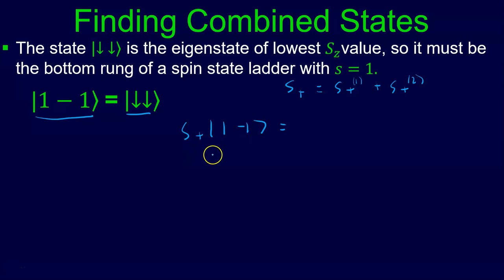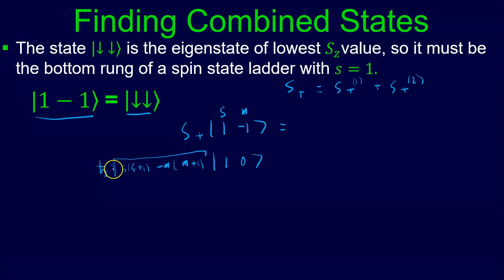And so in this case, we can go to our definition of our operators. S plus acting on 1, negative 1 steps up to the next rung, which would be m of 0, and gives us a coefficient. And the coefficient is this ugly thing here, so we can write that in: h bar times the square root of s times s plus 1, minus m times m plus 1, where s is 1 and m is negative 1.